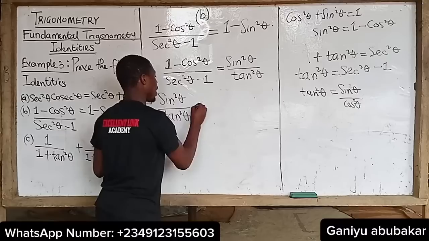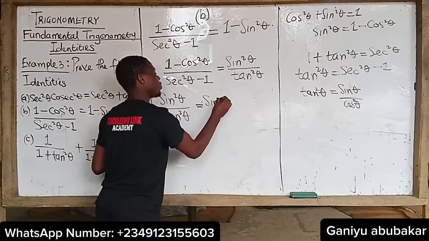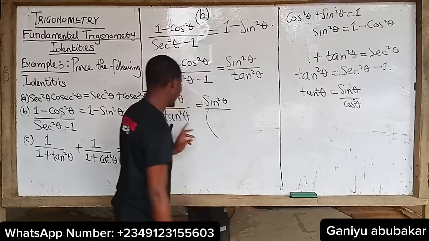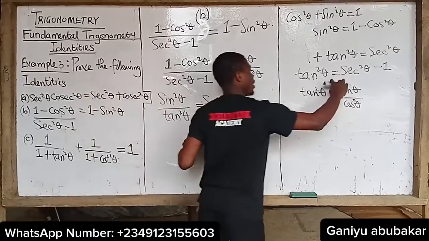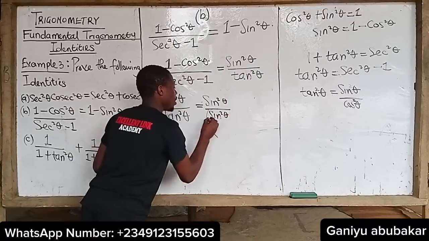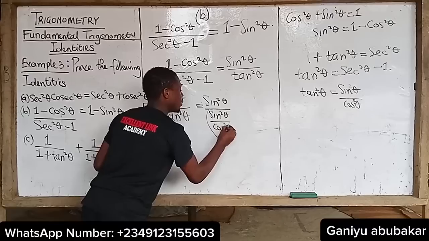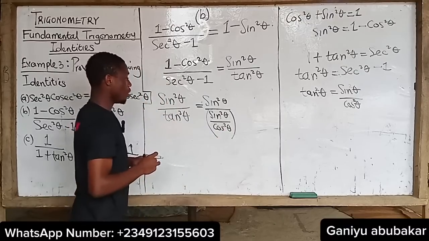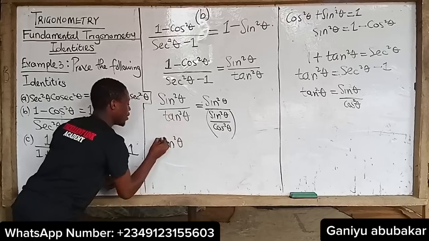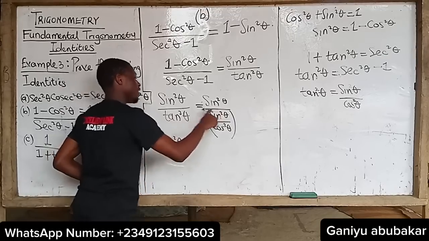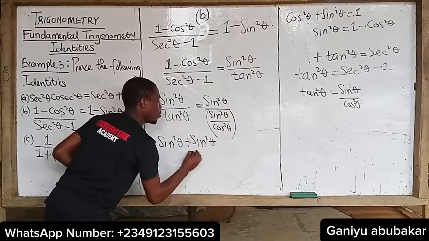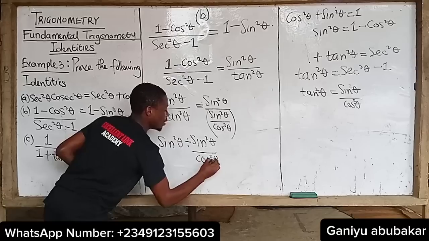So I have sin squared theta, this value here, divided by everything here, sin squared theta over cos squared theta.